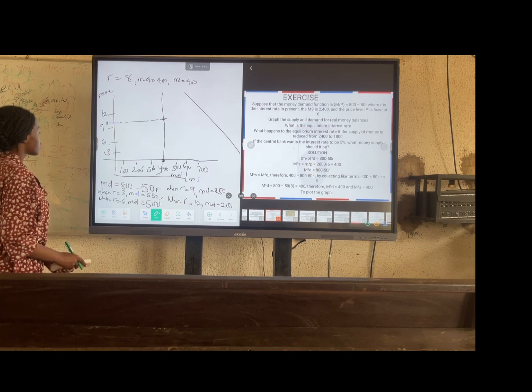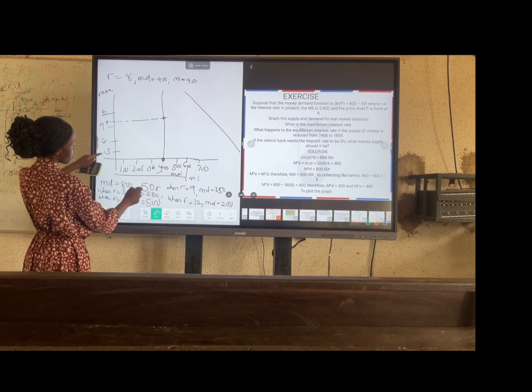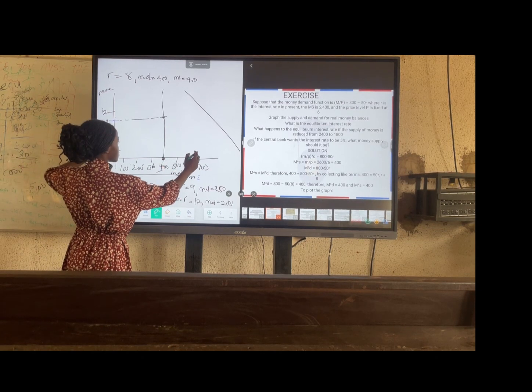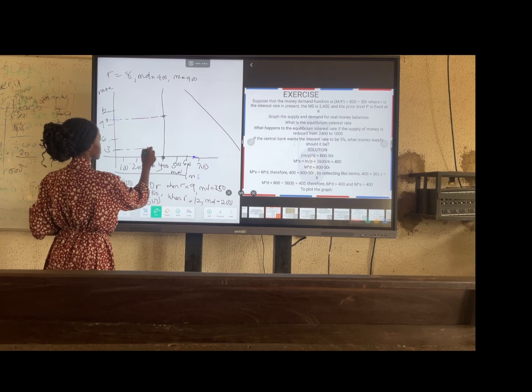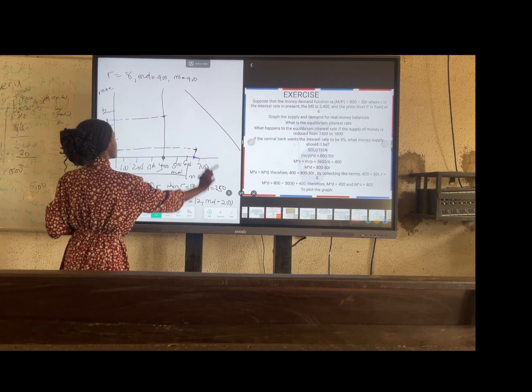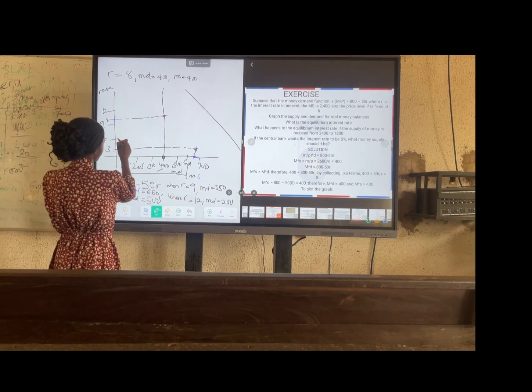Okay. So when R is 3, money demand is 650. When R is 6, our money demand is 500.